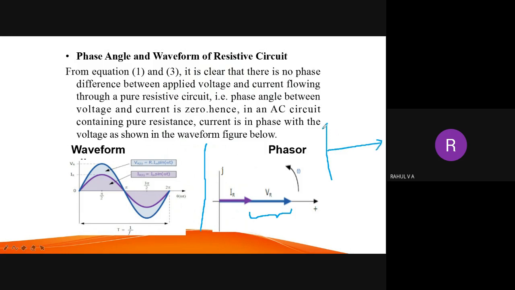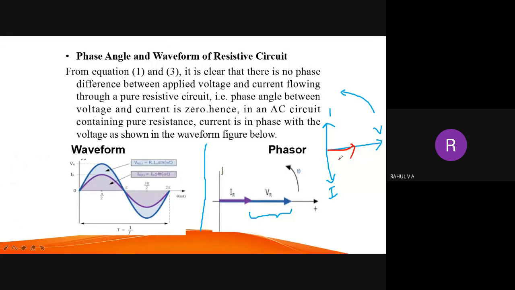If the phasor is like this, suppose this is voltage and this is current, then looking in the anti-clockwise direction, the current is leading the voltage, or the voltage is lagging. Or if the current is here, I can say that the voltage is leading or the current is lagging. But in this case, both voltage and current are at the same phase.